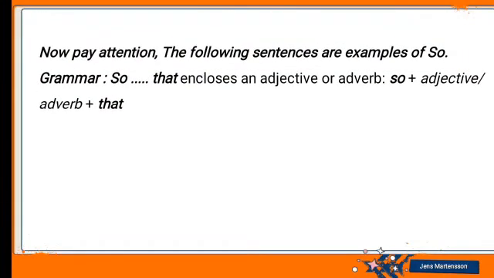Now pay attention. The following sentences are examples of so. Grammar: so, blah blah blah, that encloses an adjective or adverb. So plus adjective or adverb plus that.